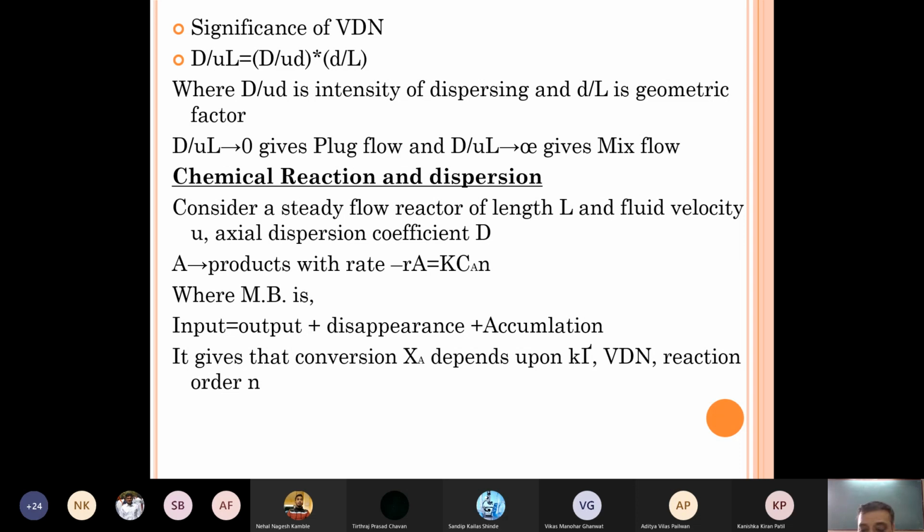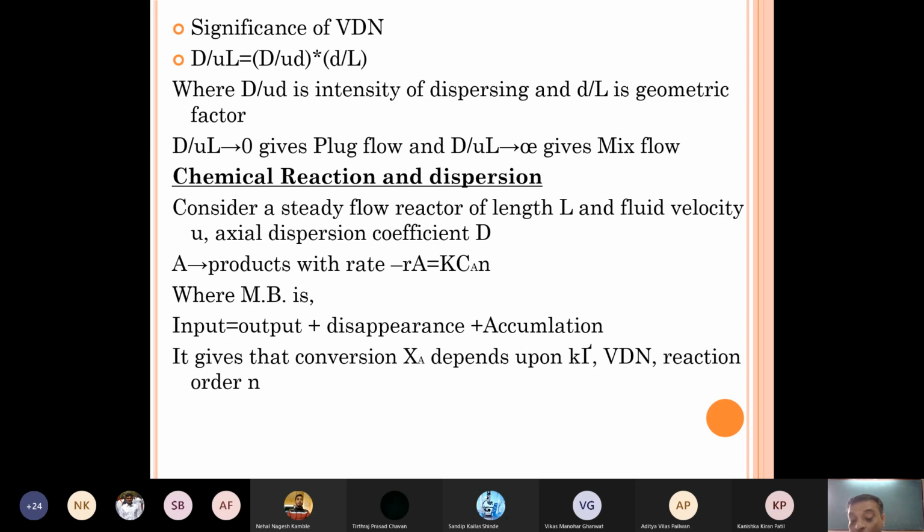D is 0 means the axial dispersion coefficient is 0. If the axial dispersion coefficient is 0, it means we have plug flow. If D by UL is infinity, what does it mean? D is maximum. D is maximum means the dispersion coefficient is maximum.